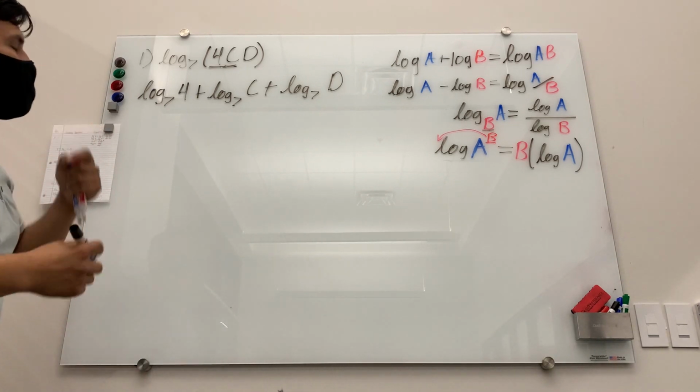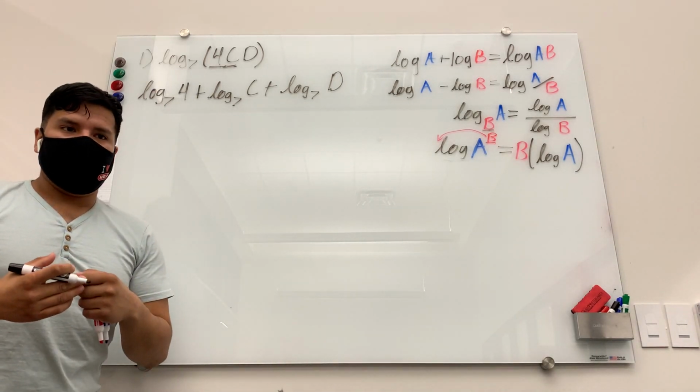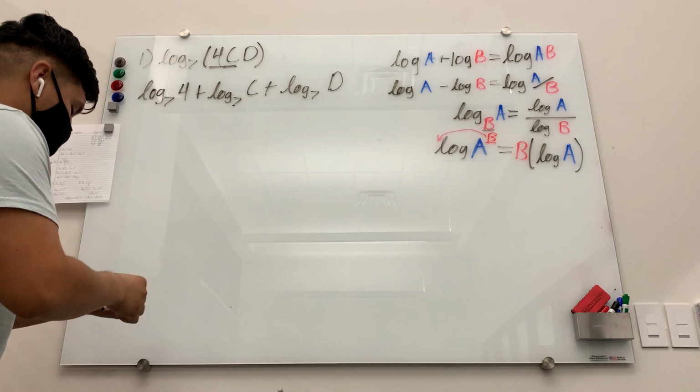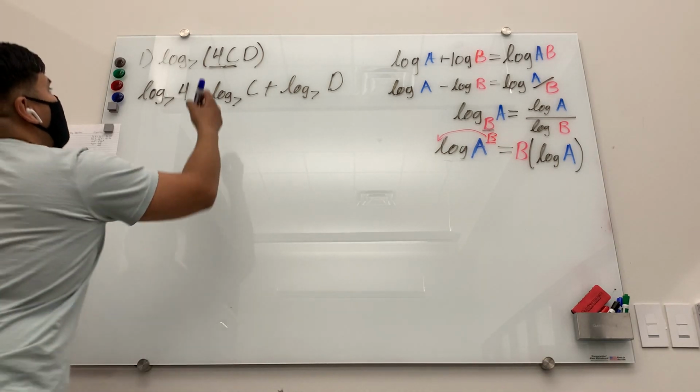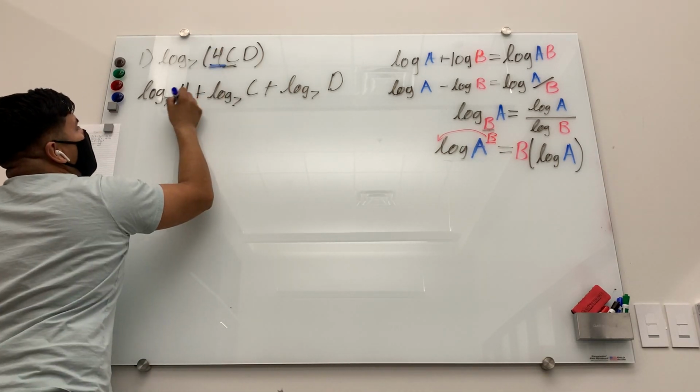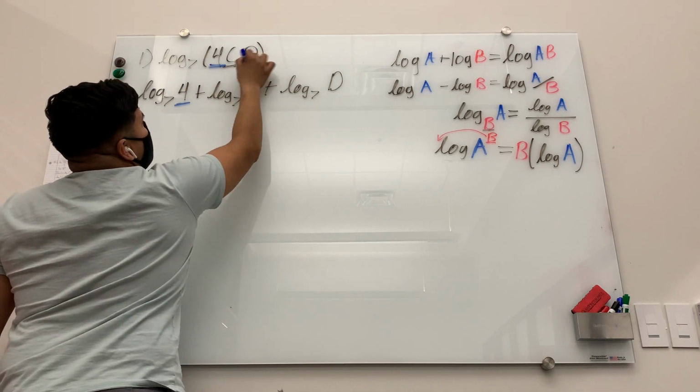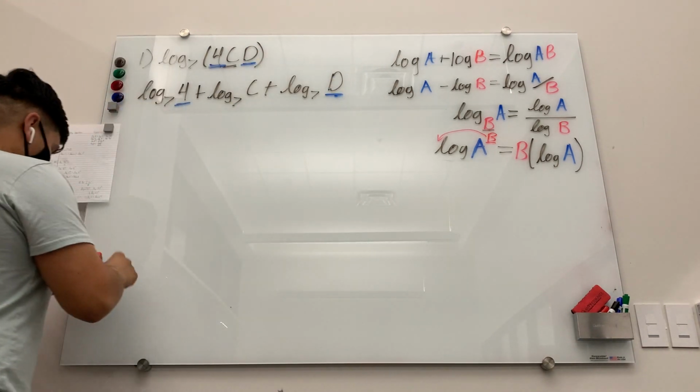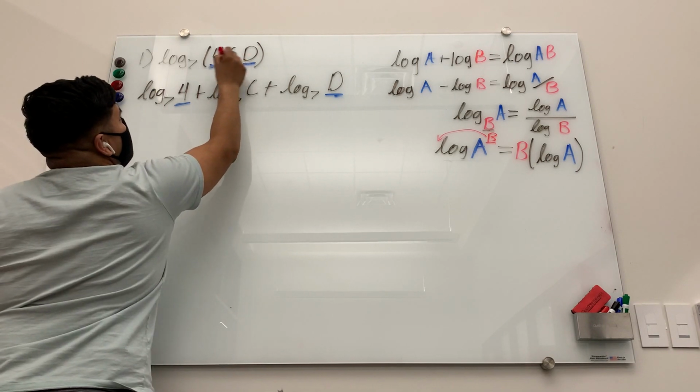And so that's the expanded form of our log equation here. We have 4 and 4, d and d, and finally c and c.